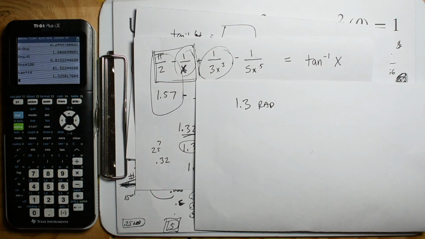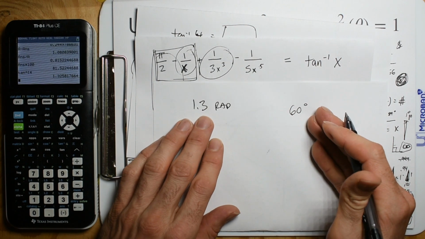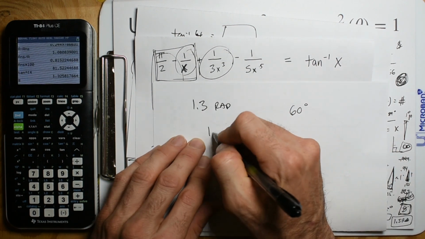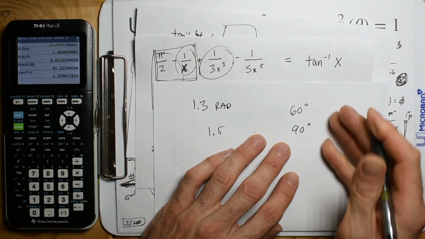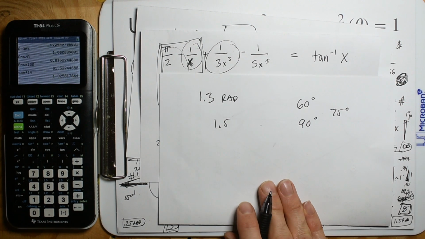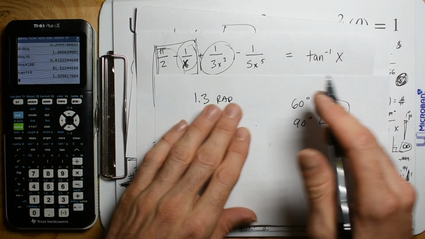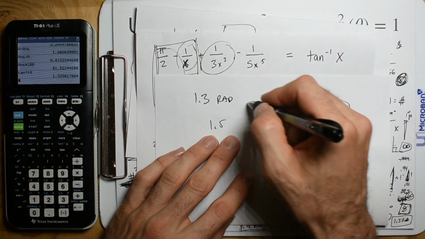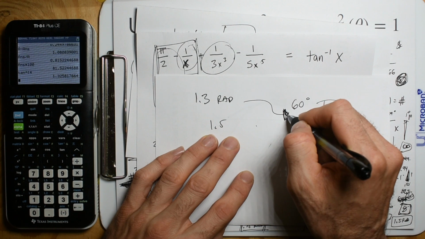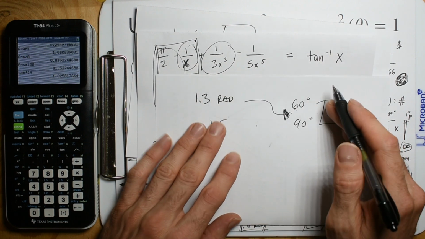And mentally, you should be like, well, 1 radian is 60 degrees, 90 is like 1.5, and so it's somewhere in between. Call it 75. I would do that first before doing the equation, because you can get there faster mentally. It's a good guess, and it really helps you.